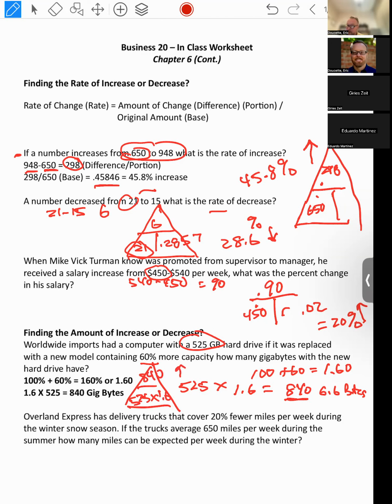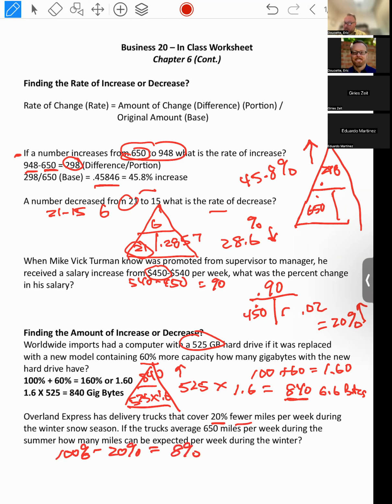All right, looking at the next one, Overland Express has delivery trucks that cover 20% fewer miles per week during the winter snow season. If the truck averages 650 per week during the summer, how many miles can be expected per week during the winter? So if it was 20% fewer, if we had 100% before, now we're going to minus 20%, so that would give us 80%.